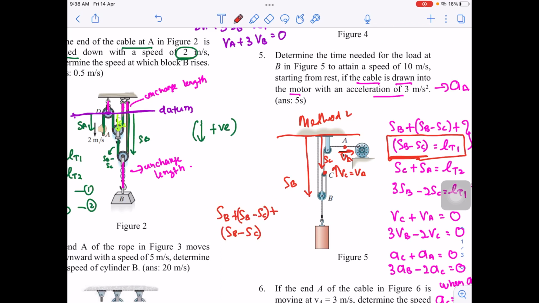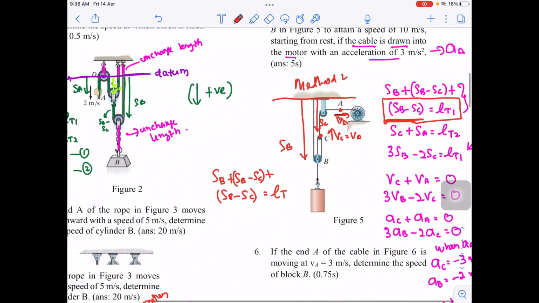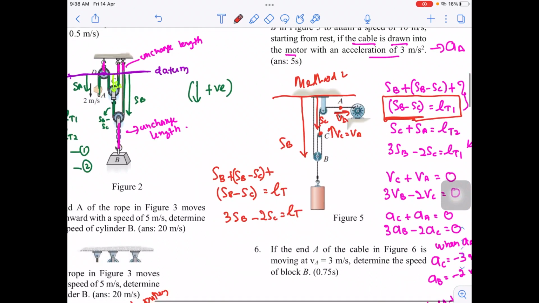Okay, cukup. Is equals to length of rope 1. Buat ini saja. Alright. So kita dapat 3 SB minus 2 SC is equal to length of rope 1.